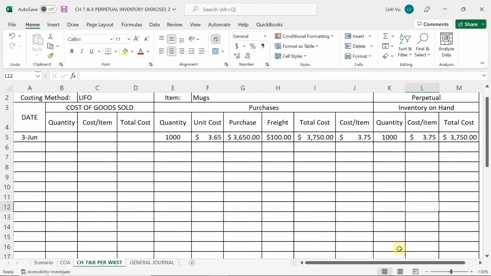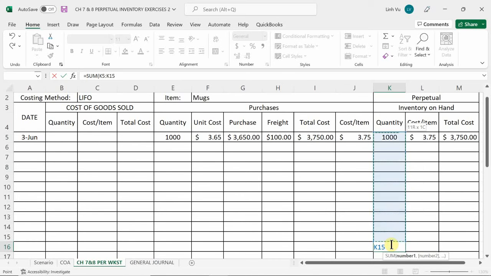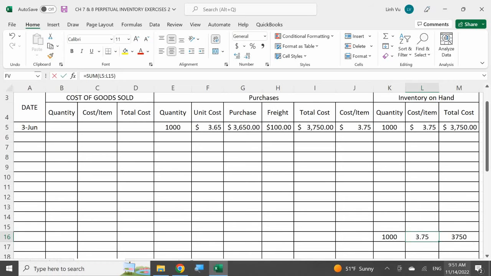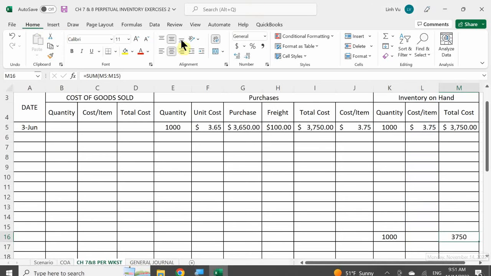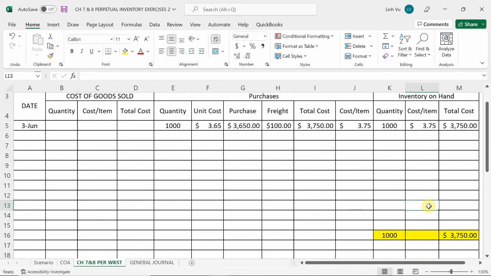Okay. You can even create your running balance down below here if you want to. Right now we currently have 1,000 units total, $3,750. Okay, so that was our very first one there.